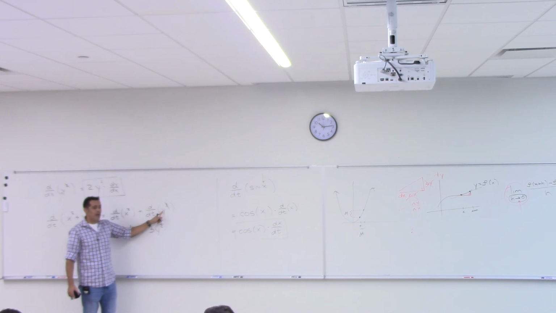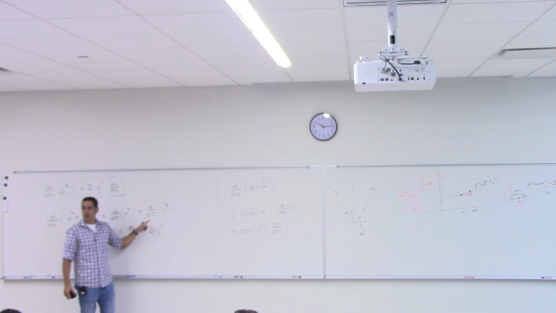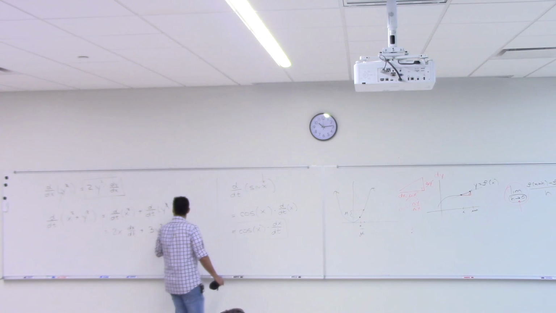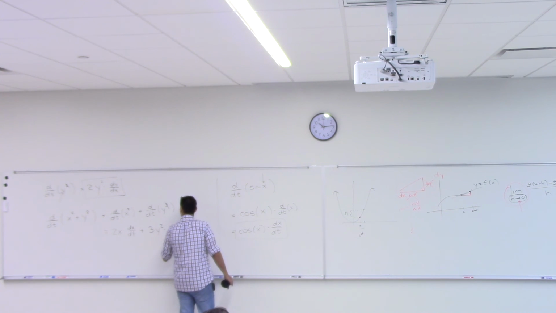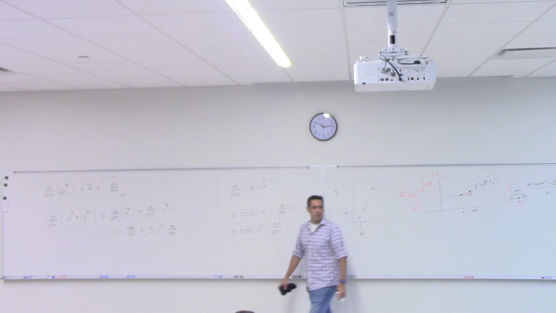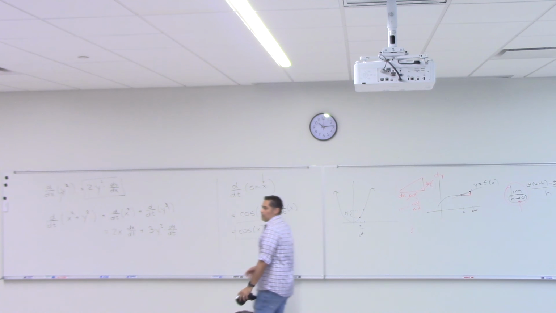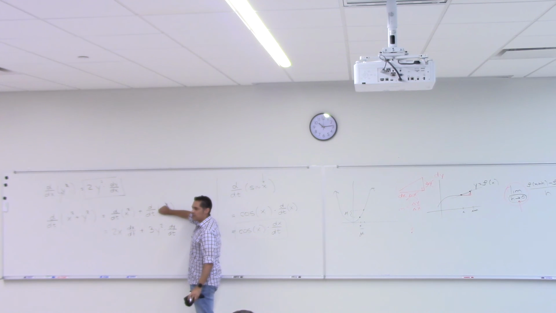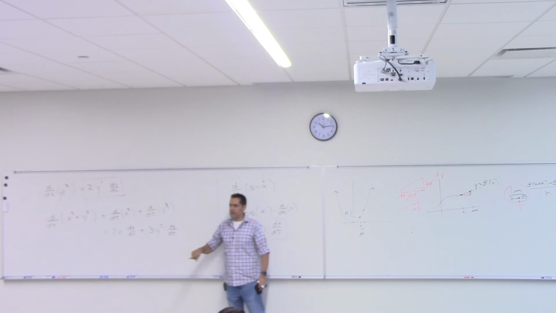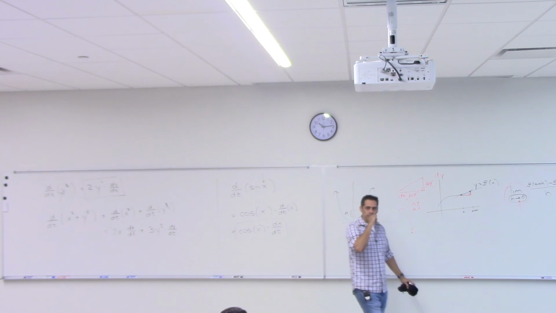So dy over dt. That make sense, everyone? You take care of the 3 first, and then times the derivative inside. Got it. Any other questions?